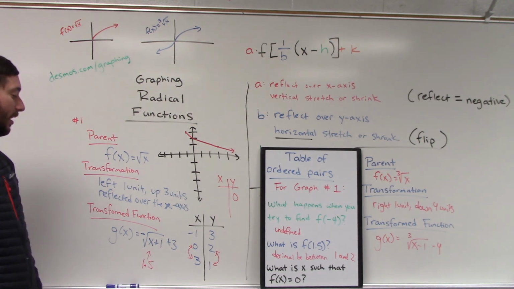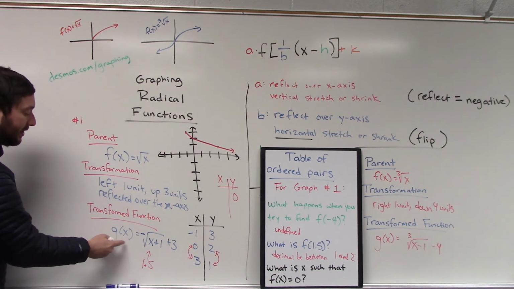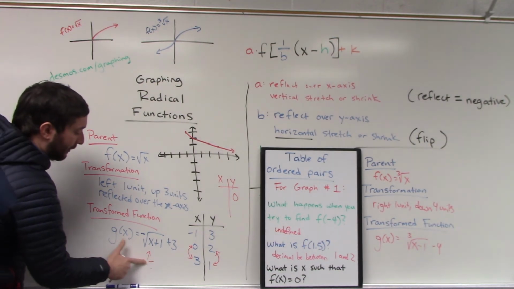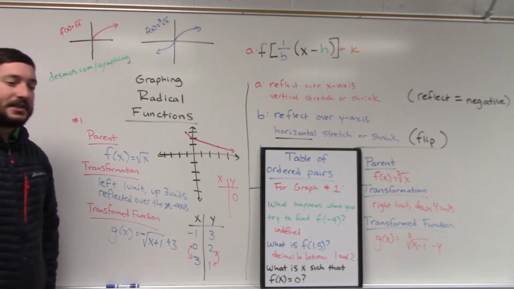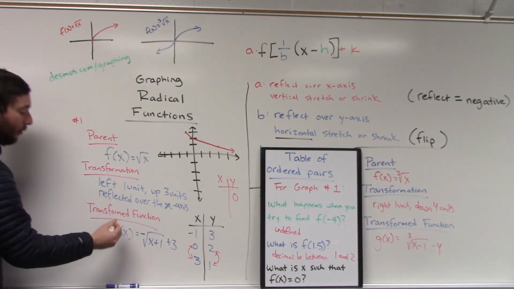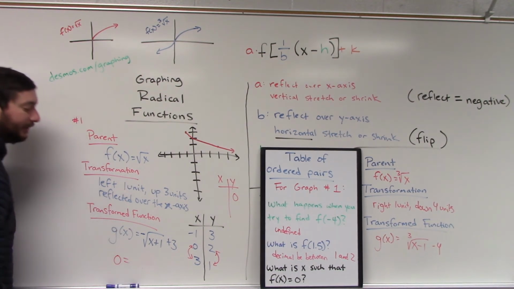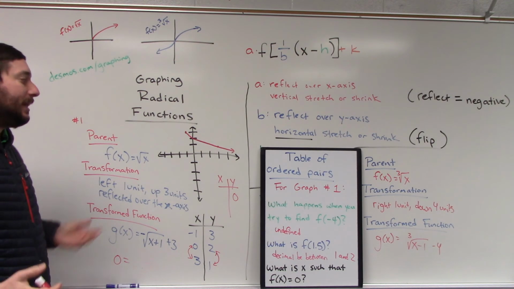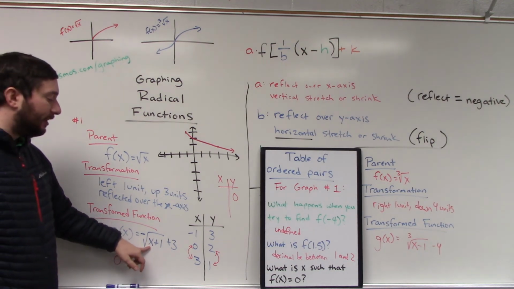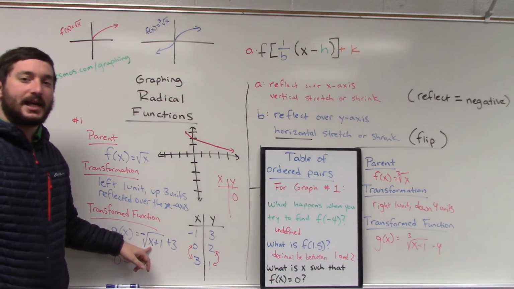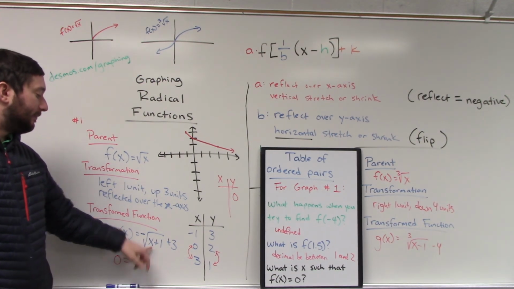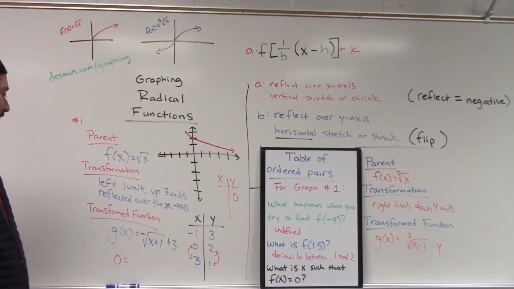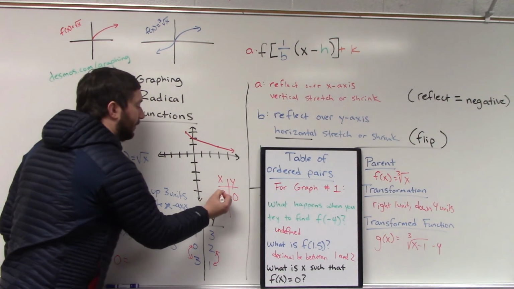That means that g of x, f of x, these mean the same thing as y. So if y is 0, everything has to equal 0. What I could recommend you to do is to test different numbers, plug different numbers into x, see what you get back for y. In this case, that's going to turn out to be, I believe, 8 comma 0.